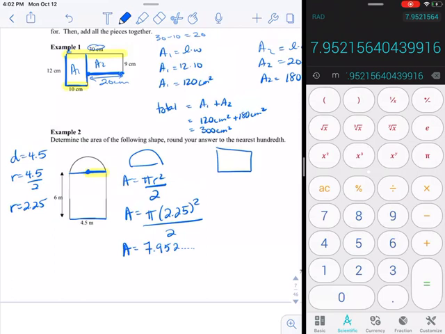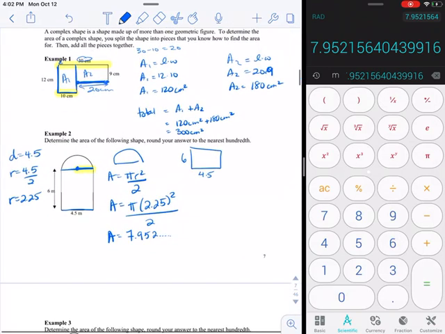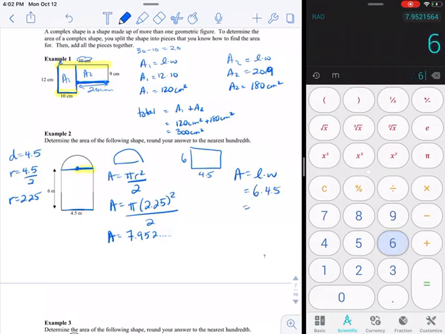The second one, we're going to have a height of 6 and the distance of 4.5. So if we use our area is equal to length times width, we get 6 times 4.5. So if we do 6 times 4.5, we get an area of 27 meters squared.